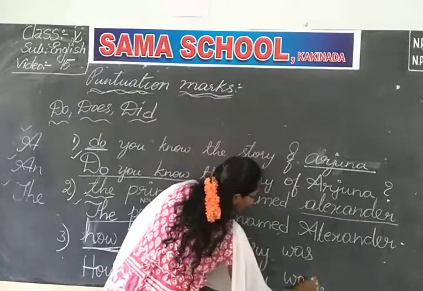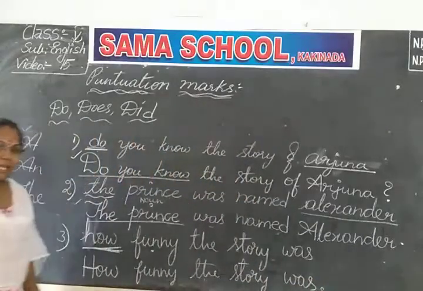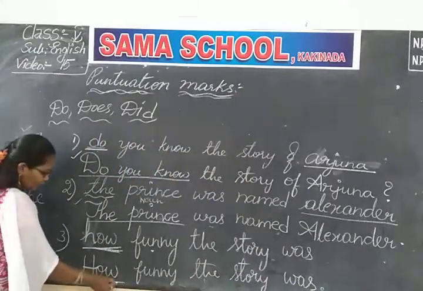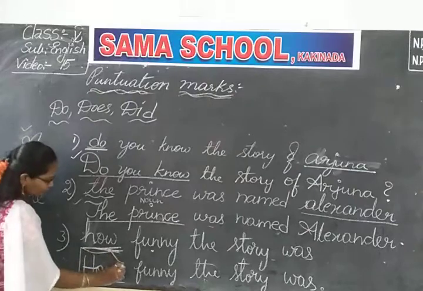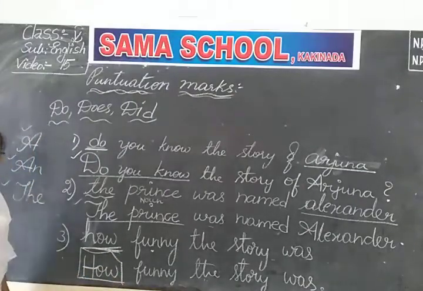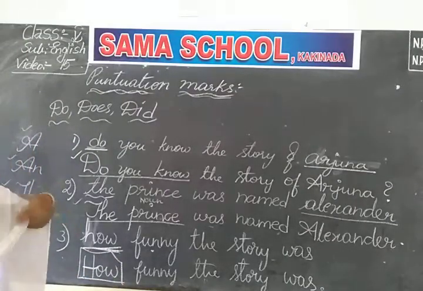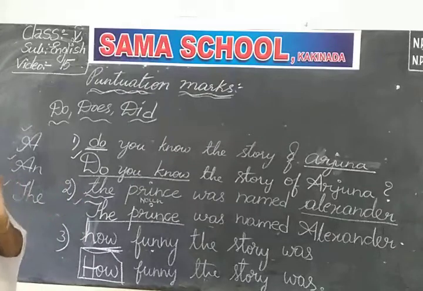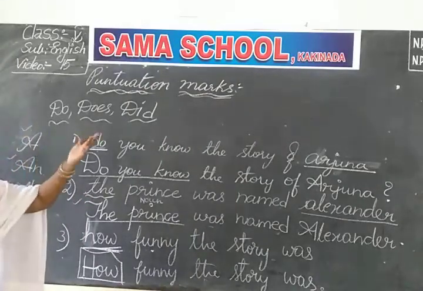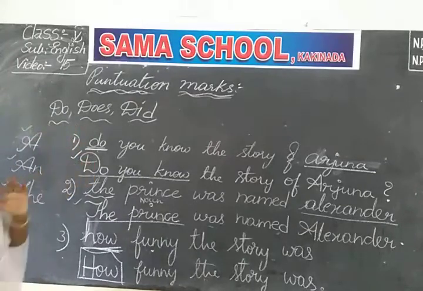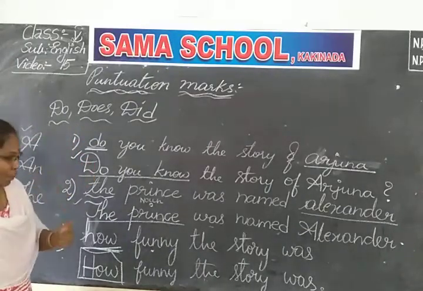We started the sentence with the word how, which is a question word. But what did I tell? Next to the word, is there a verb or not, you have to identify. If it is not a verb, it is giving the expression of emotion.